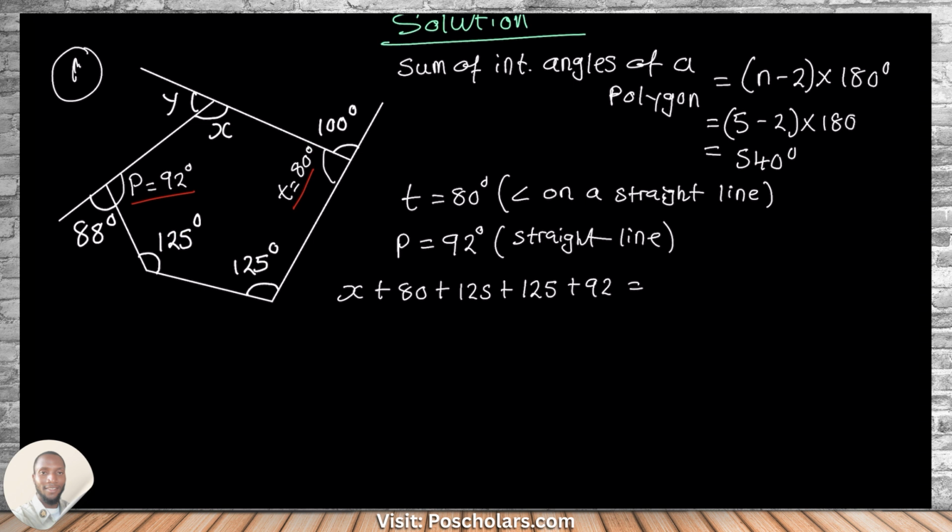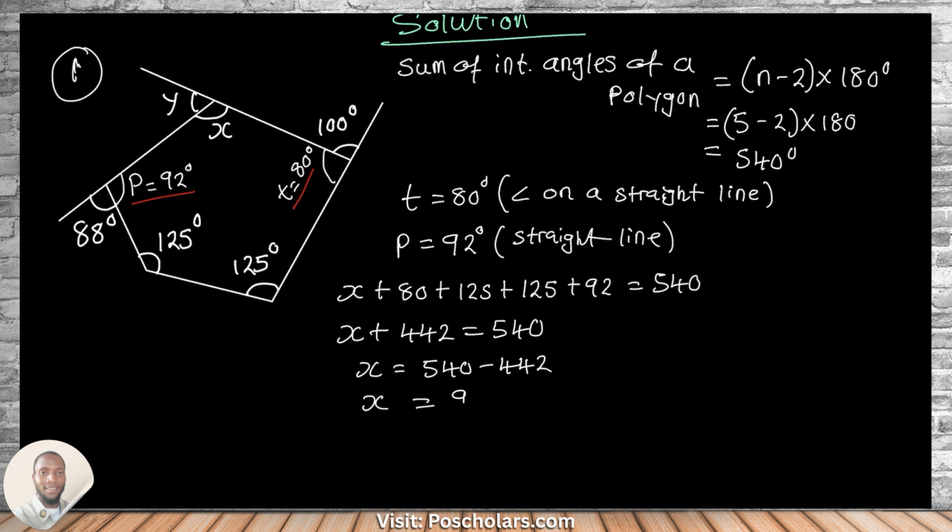So we equate it to 540 degree. Next, we have X plus, when we simplify, 80 plus 125 plus 125 plus 92. That gives 442. So X plus 442 equals 540. Now to find the value of X, we simply subtract 442 from both sides. When we do that, we have X equal 540 minus 442. Therefore, X is equal to 98 degree.